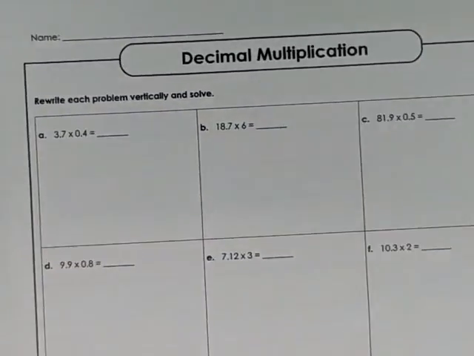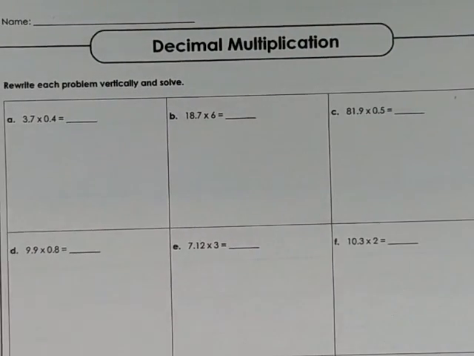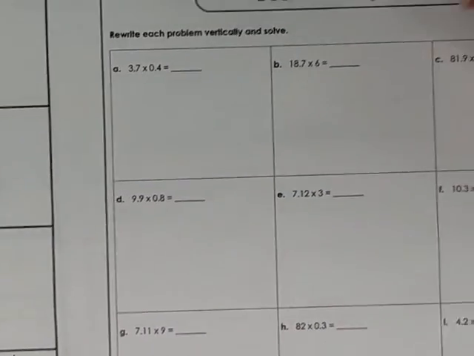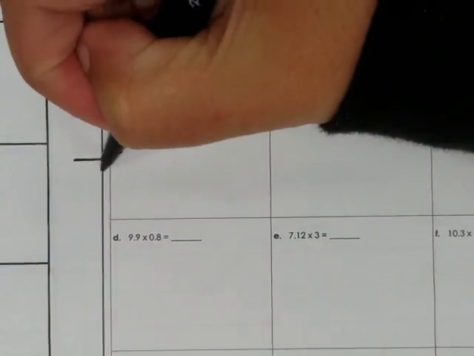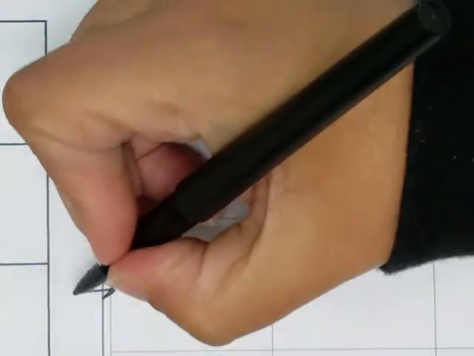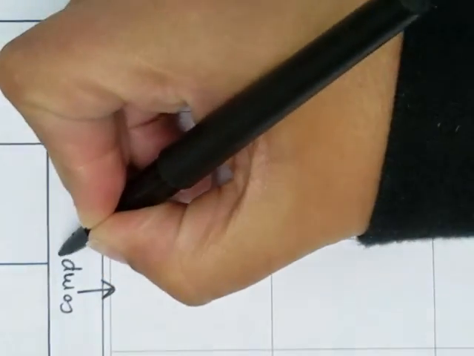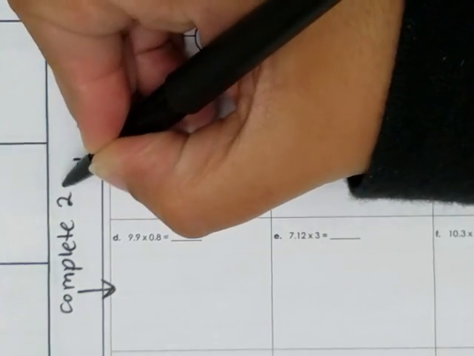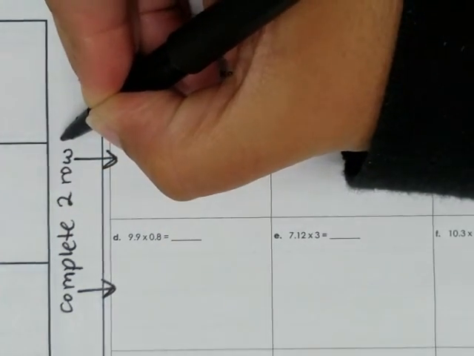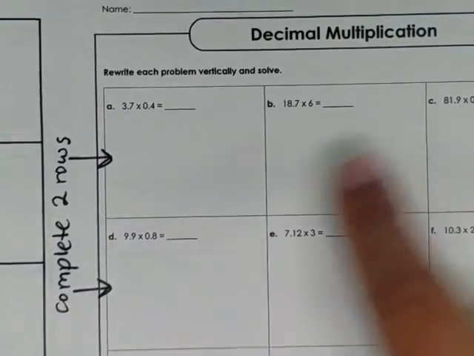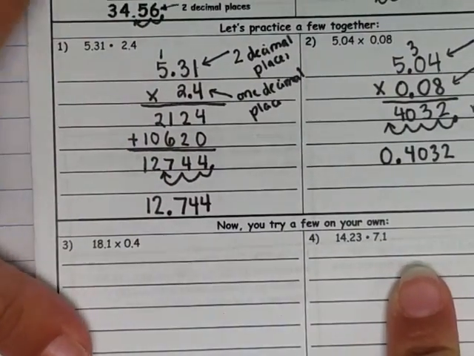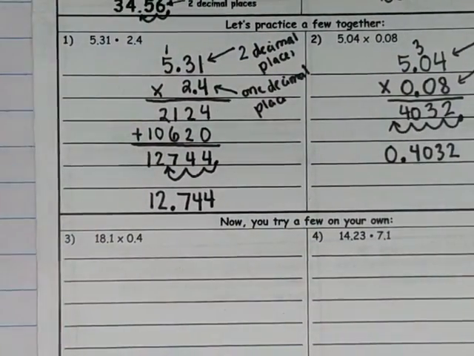And then over here, let's do the first 2 rows. That way I'm not giving you too much. That's 1, 2, 3, 4, 5, 6, 7, 8, 9, 10, 11, and then 12, 13 problems, okay? Just to get that practice so that when you come in tomorrow to class, you're ready to go.